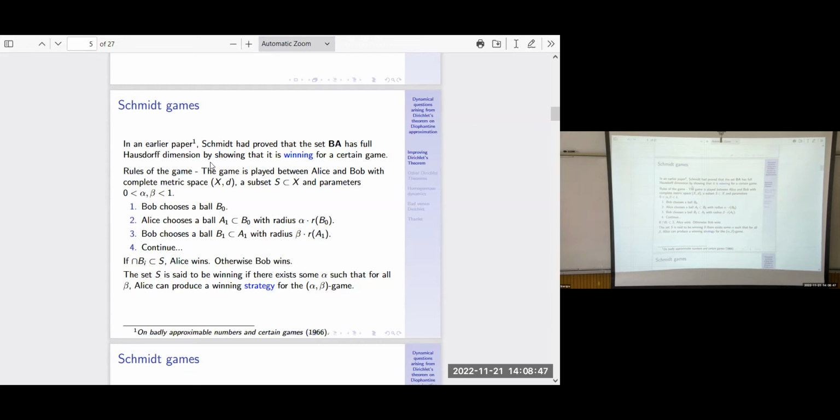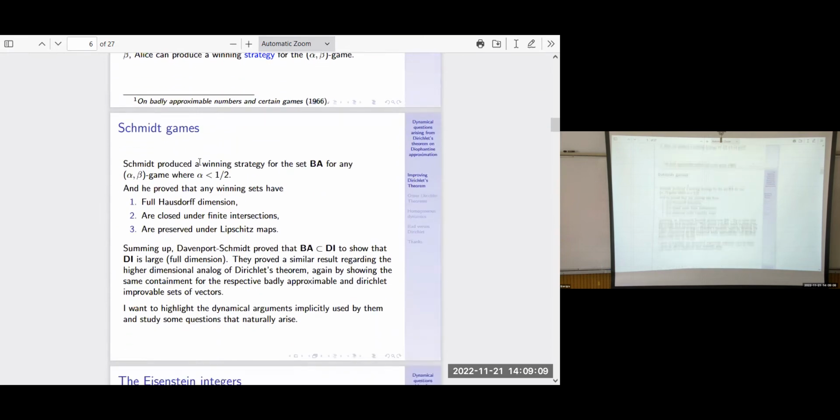So a set S is said to be winning if there is some parameter alpha such that for all beta, Alice has an alpha-beta winning strategy for every beta greater than 0. Consequences of producing winning strategies are that any winning set has full Hausdorff dimension.